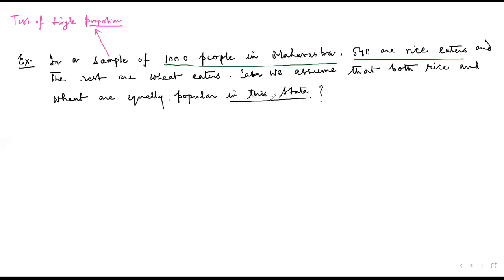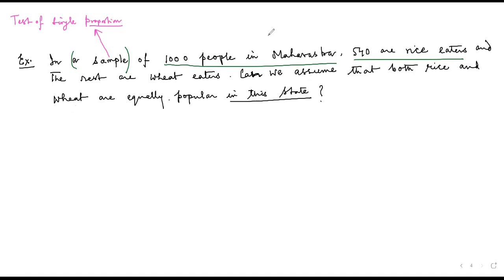So they are actually talking about the population proportion of rice eating people and of wheat eating people, and whether these population proportions are similar or not. Therefore, this problem obviously falls into the category of test of single proportion. There is no doubt about that, because you have only one sample. So obviously it is a test of single proportion.